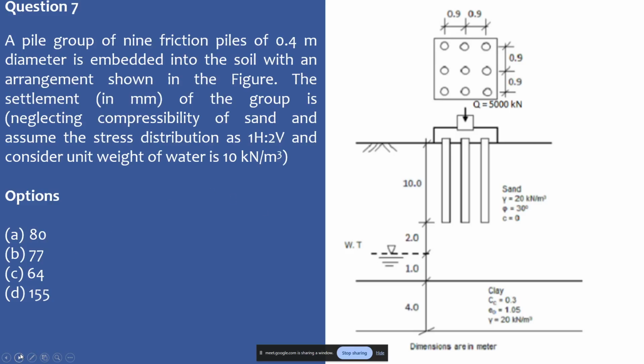So in this particular question, if you see, you have a pile group of 9 friction piles of 0.4 meter diameter embedded into the soil with an arrangement shown in the figure. This is the particular arrangement. Neglecting the compressibility of the sand, assume the distribution as 1 horizontal and 2 vertical.